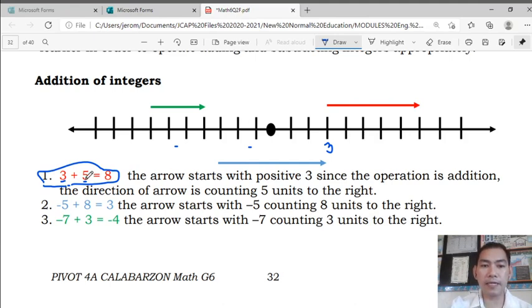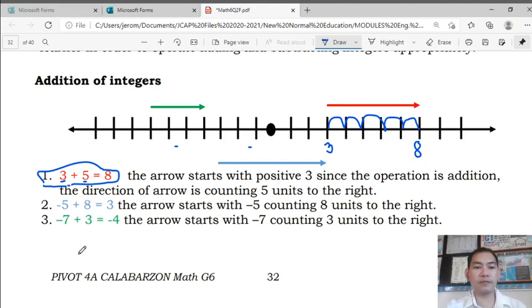So let's proceed. Plus positive 5 means 5 jumps. So from our starting point, 5 jumps. 1, 2, 3, 4, and 5. And that is positive 8. Okay? I hope you're getting it.